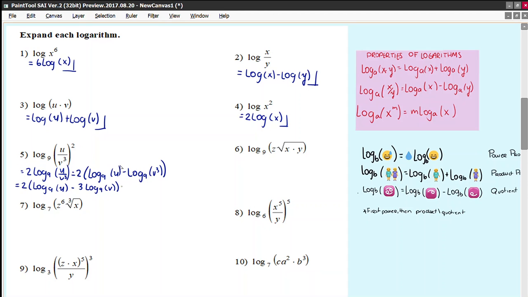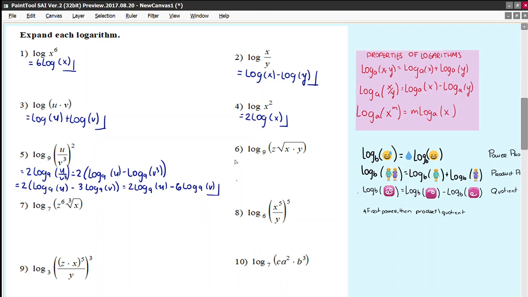So this is 2 logarithm base 9 of u minus 6 logarithm base 9 of b. Why 6? Because this is 2 times the already existing minus 3. And that's the end.